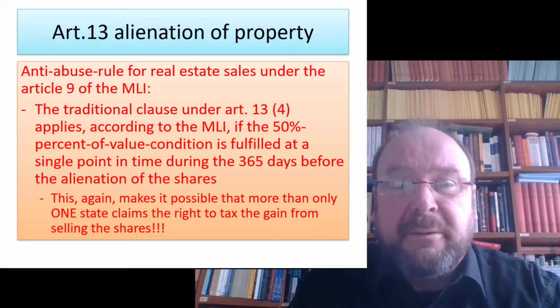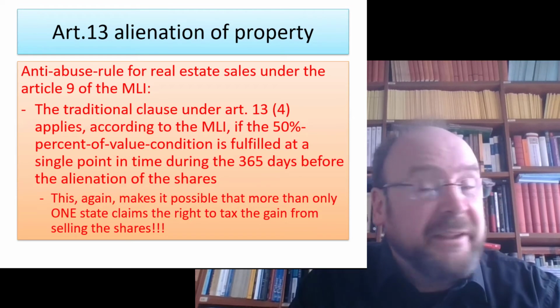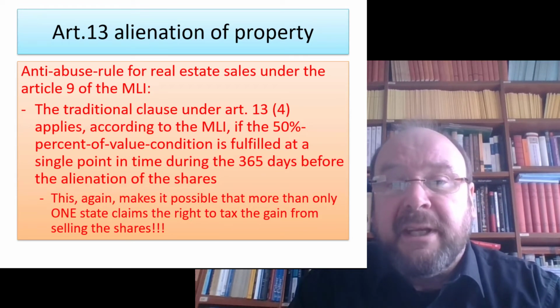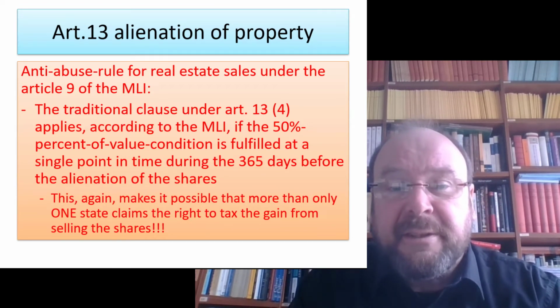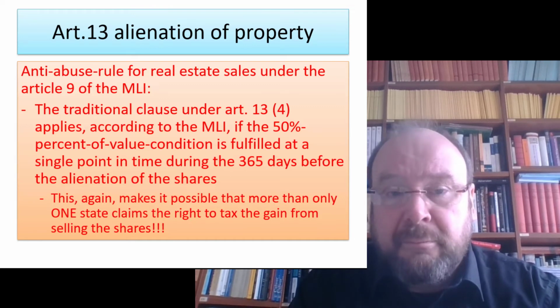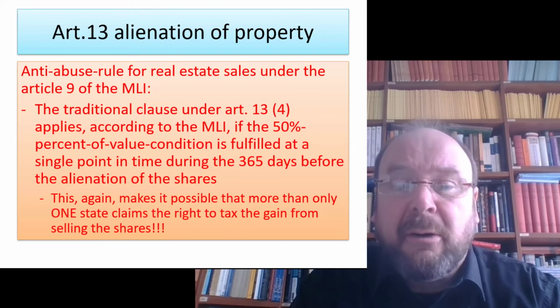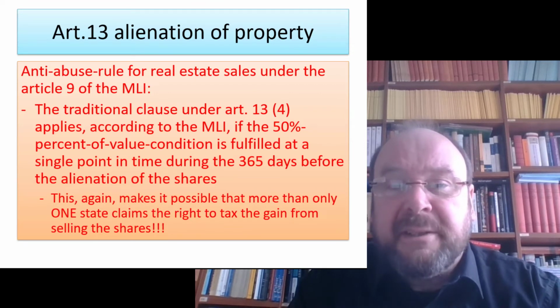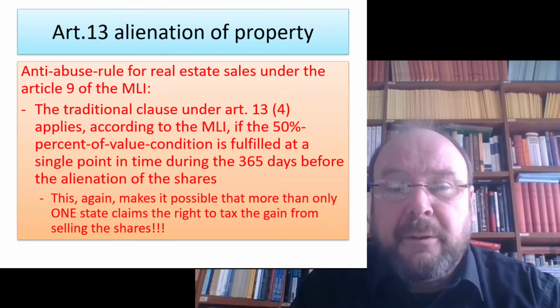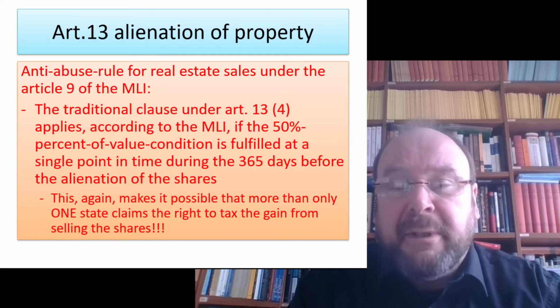So, for example, if you have a 3-country constellation and you have a house in state A, 500,000, a company owns that, and now, let's say 2 months later, that company also buys a house in state B for, let's say, 1 million.